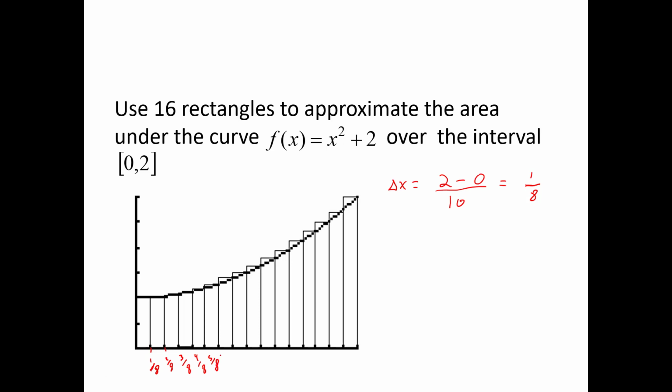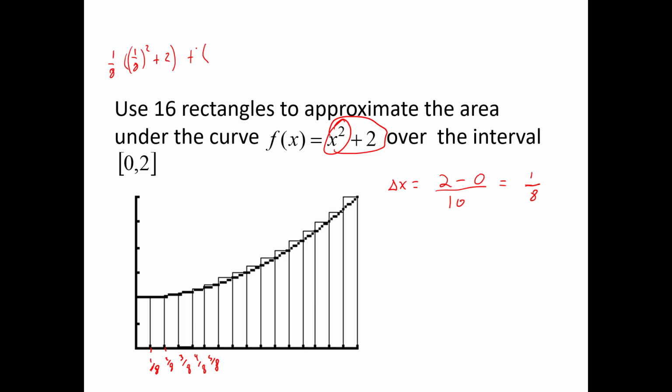So then the area we get by the width, 1/8, times the height. And the height we get by taking the right endpoint. So for the first rectangle, the right endpoint is 1/8 and putting it into the formula. So this is the formula right here. So it's going to be 1/8 squared plus 2.